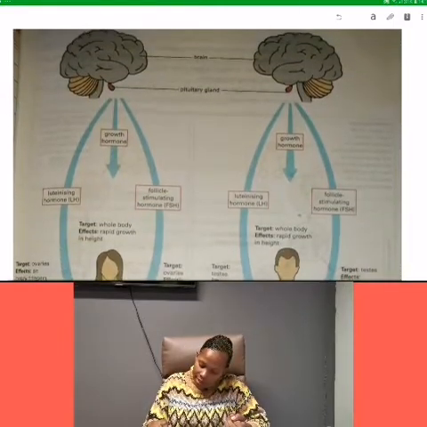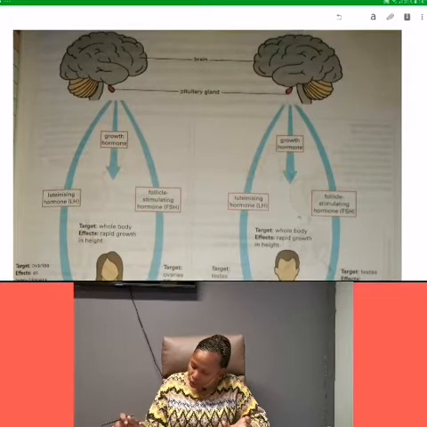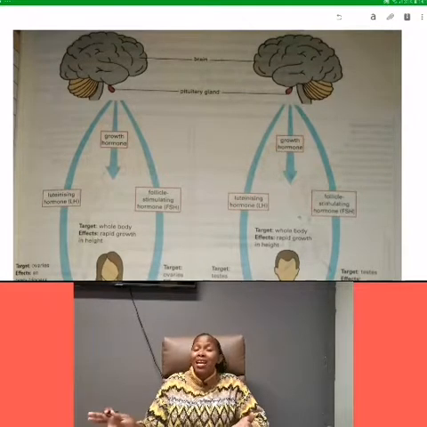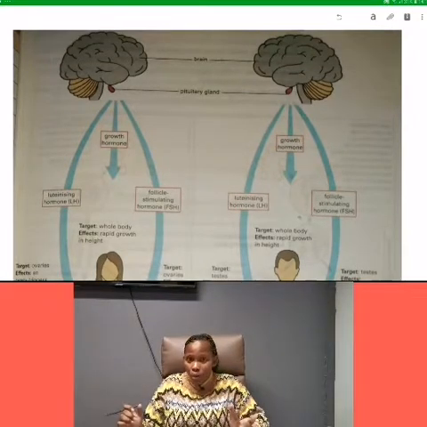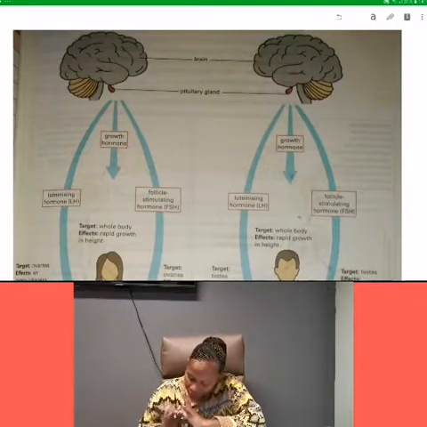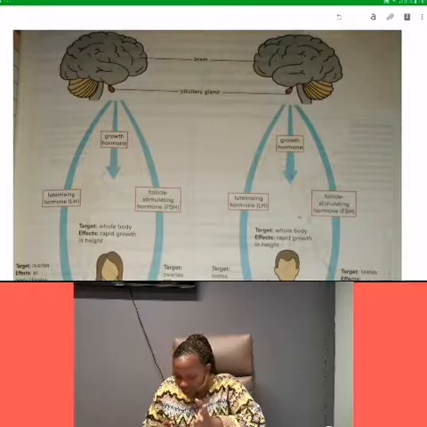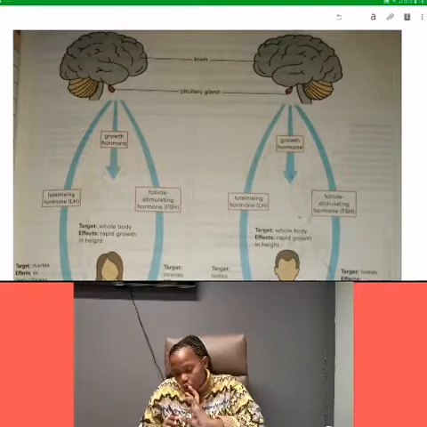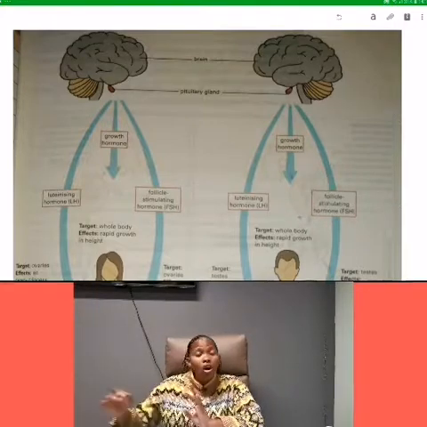This is an image that I took for you, which is going to summarize everything about the hormone changes in the body. We have the brain here, and then we have the pituitary gland. We are going to talk about these two parts as we go along the year.